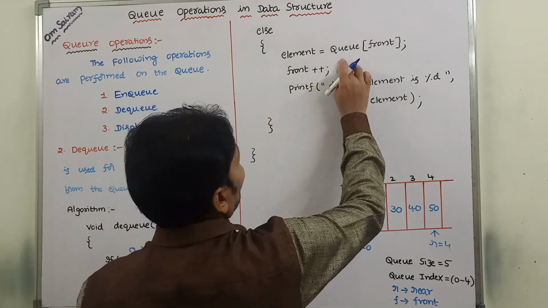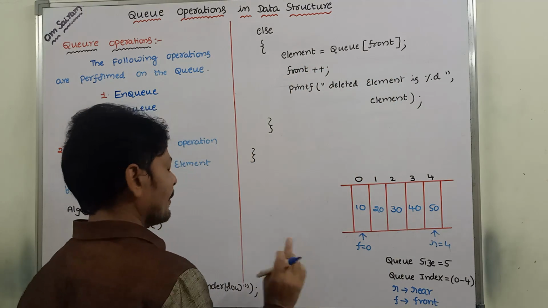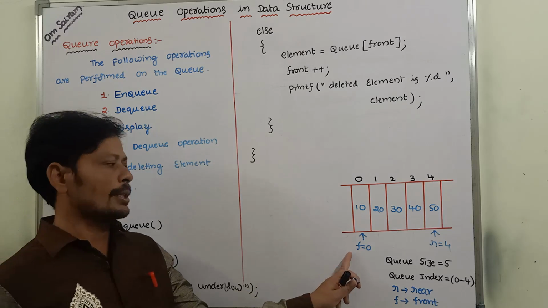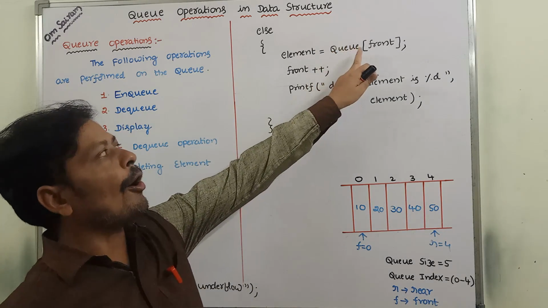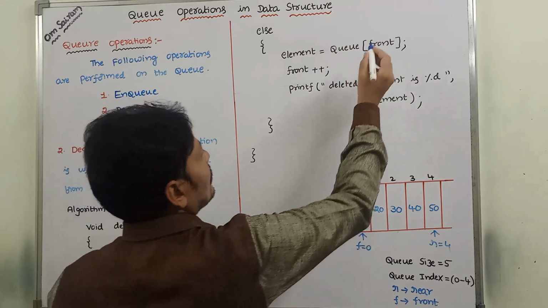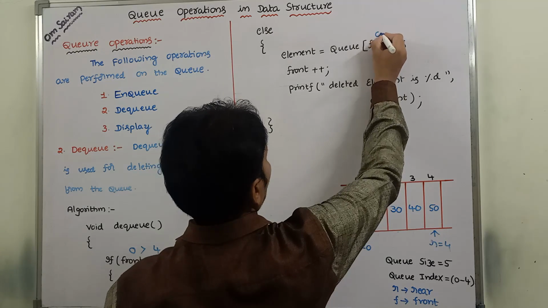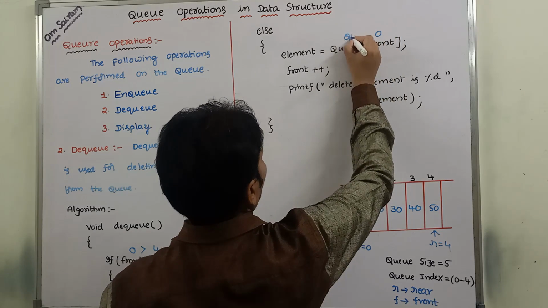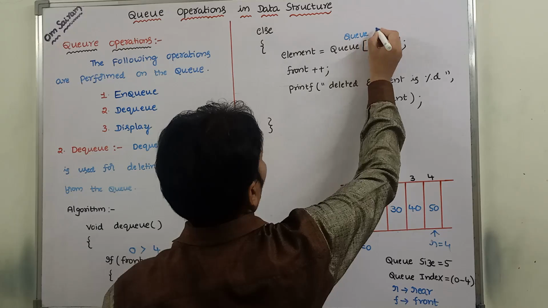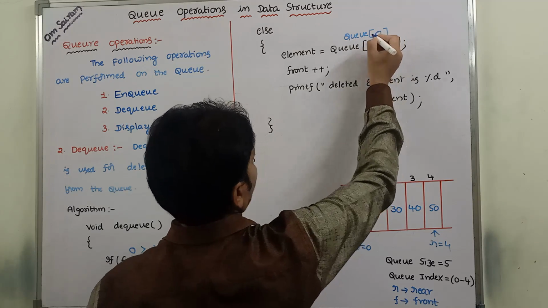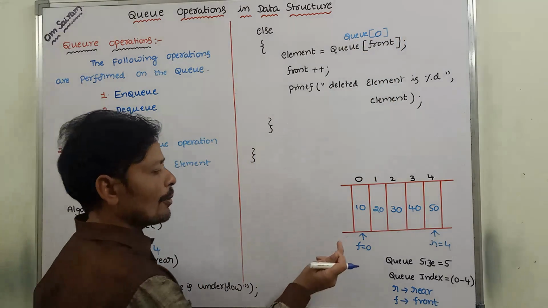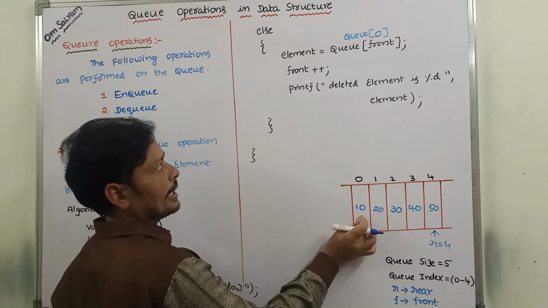So queue of front. So what is the front value now? Front value is 0. So queue of 0. What is the queue of 0 contains? Queue of 0 contains element 10.